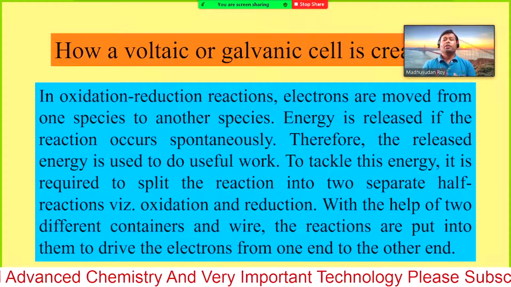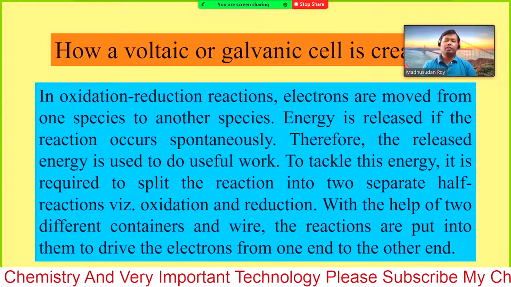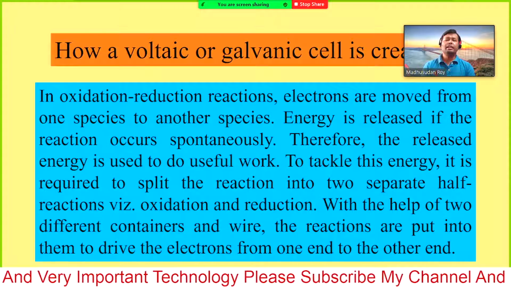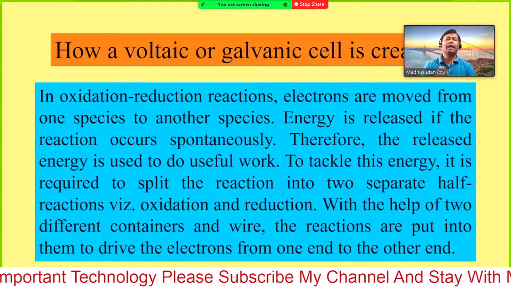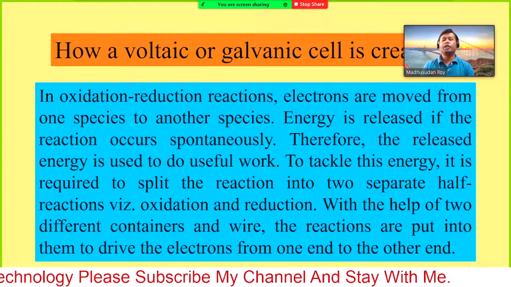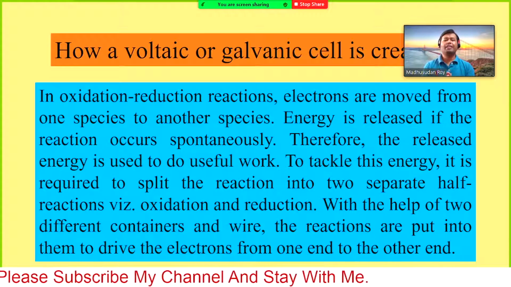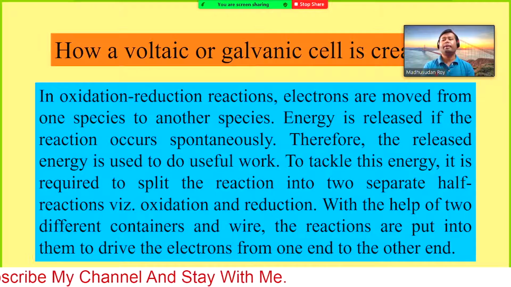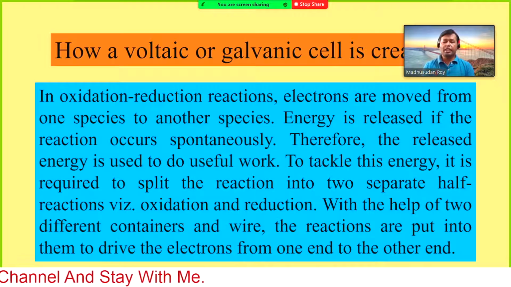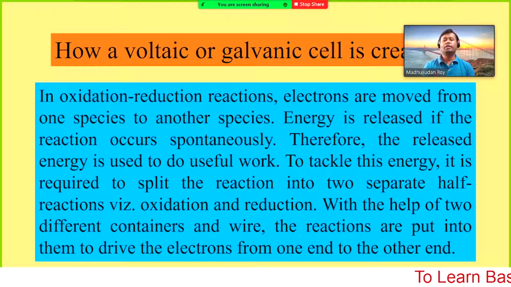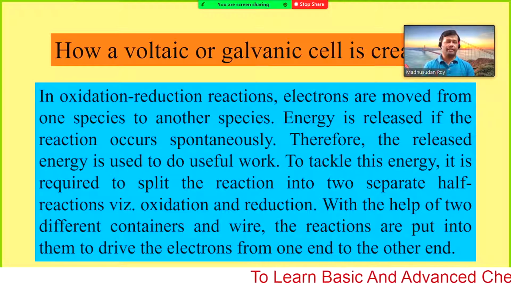So if the reaction is giving some spontaneous energy, then to handle the energy it is required to separate the reaction into two separate half reactions, oxidation and reduction. With the help of two different containers and wire, the reaction can be put into them to drive the electrons from one end to the other end.